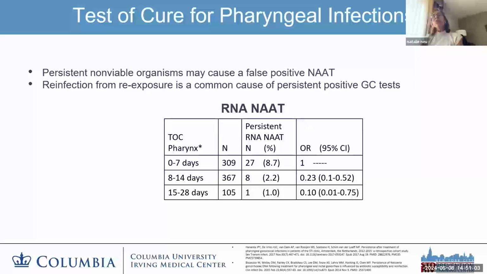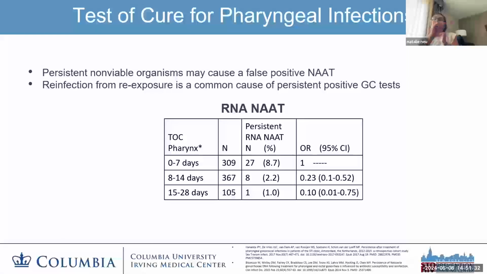Why do we say 14 days for coming back for pharyngeal infection? Well, the problem with gonorrhea is that our tests are too sensitive. We know that in PCR testing or NAT testing, nucleic acid amplified testing, you can have non-viable organisms. If you see in this table here, 8.7% of organisms might persist within the first week.